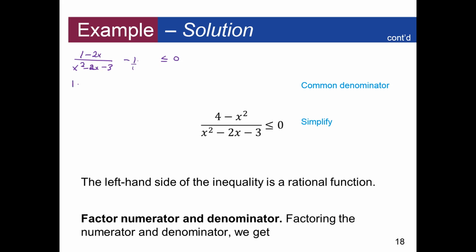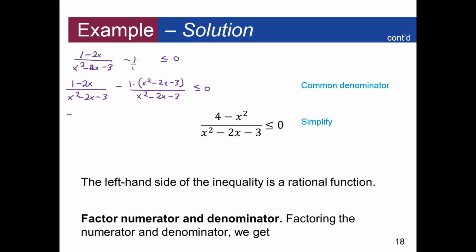So I get (1 minus 2x) over (x squared minus 2x minus 3). Then I have 1 times (x squared minus 2x minus 3) divided by (x squared minus 2x minus 3). Okay, so they have a common denominator, and that is still less than or equal to 0.